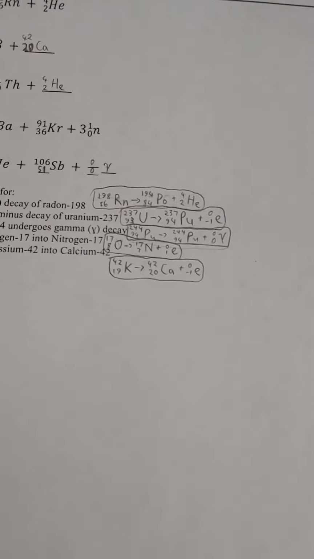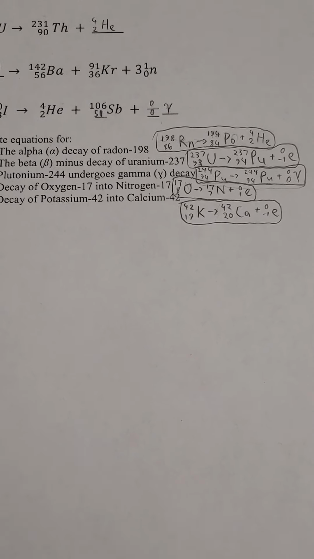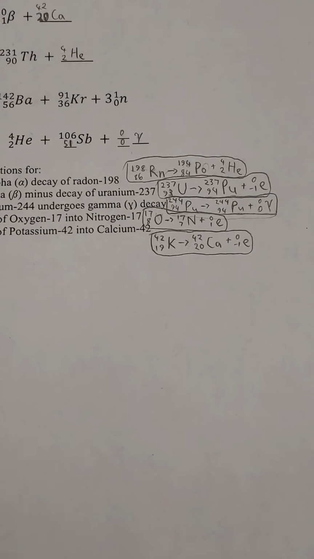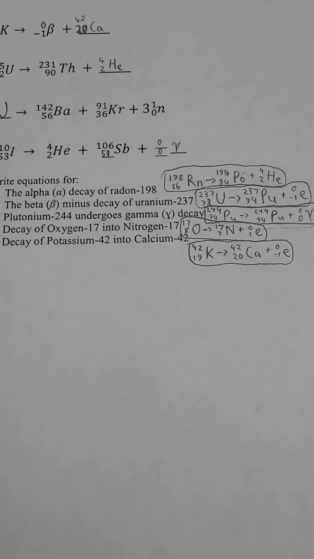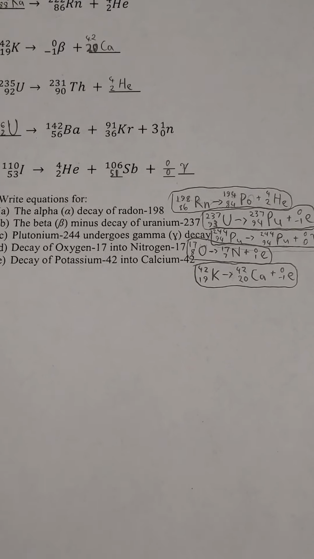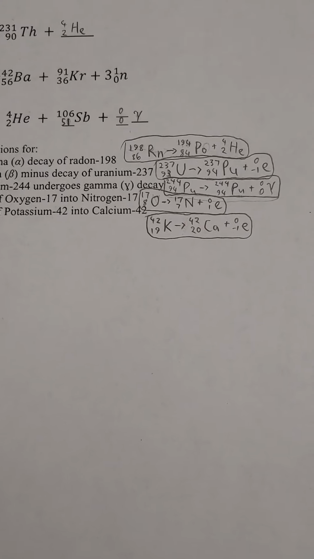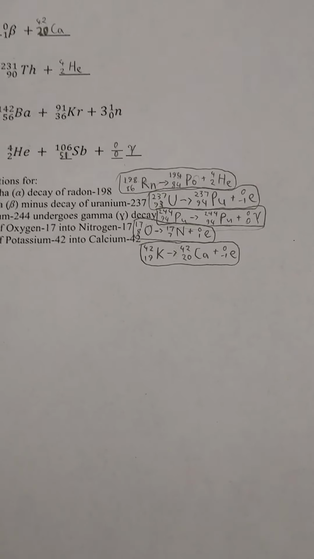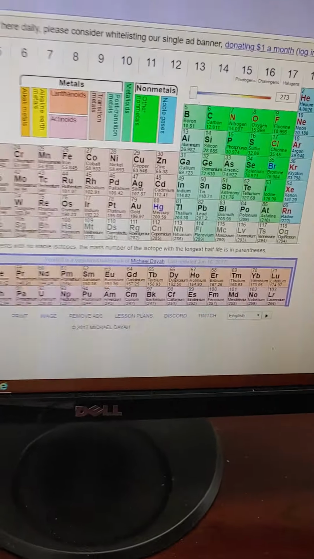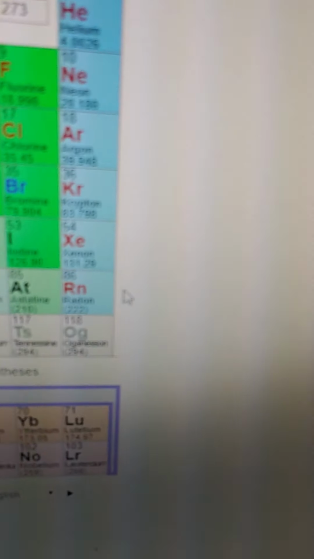And so we're going to look at the periodic table. So this is a periodic table. So this is radon.